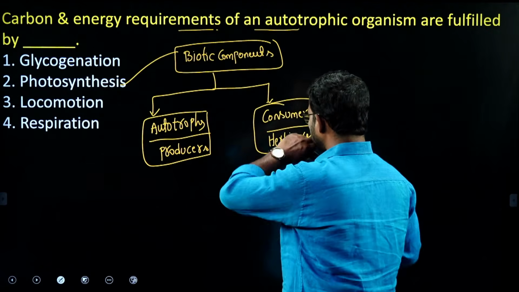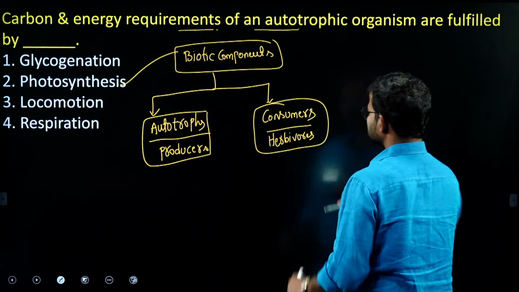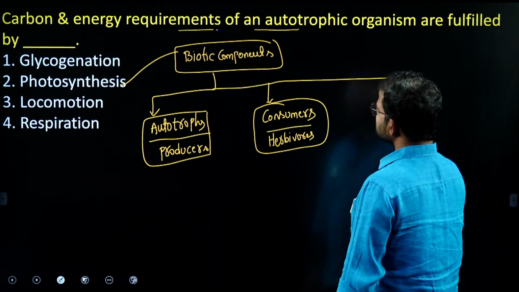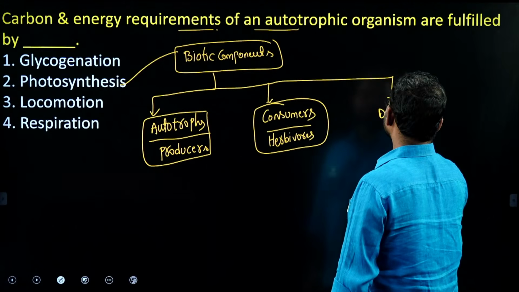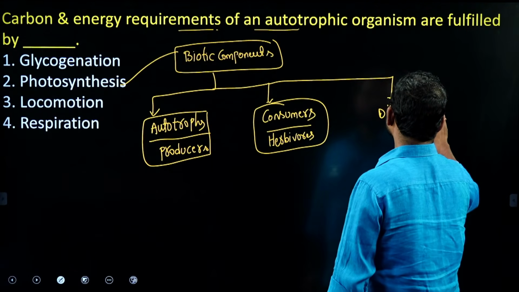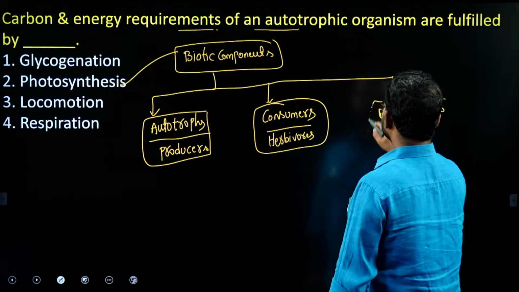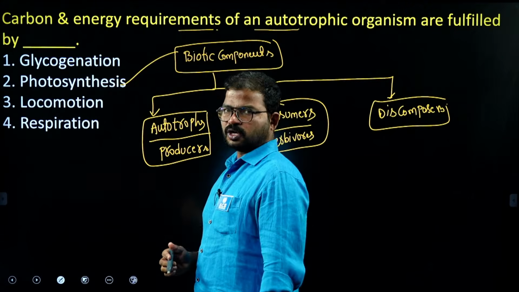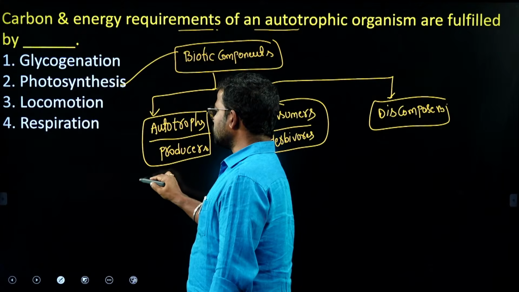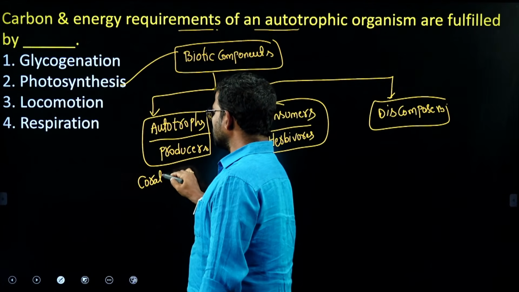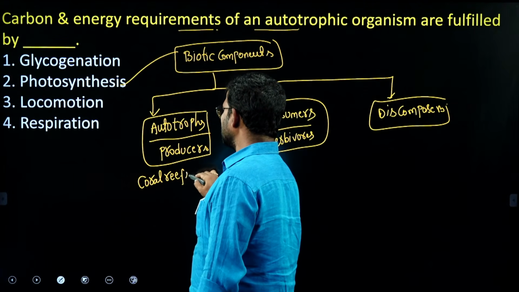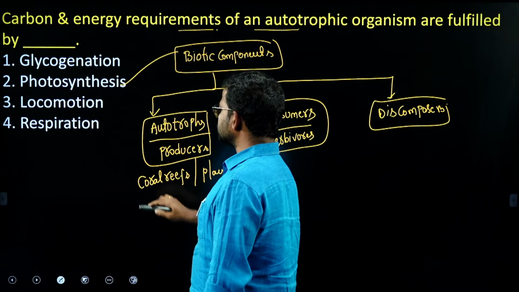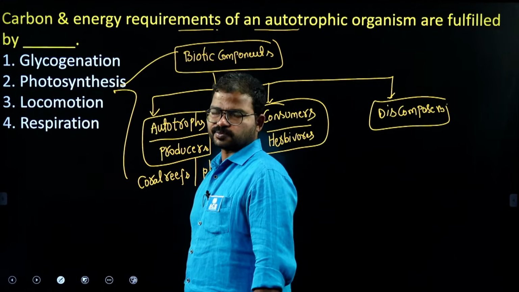Next, decomposers. Autotrophs can make food on their own. Best examples are coral reefs and plants. These two can make food on their own just by using the photosynthesis process.